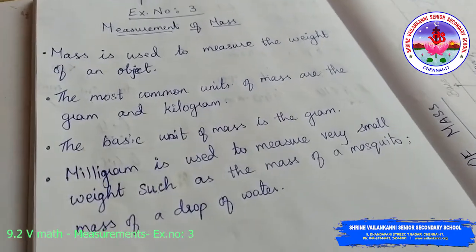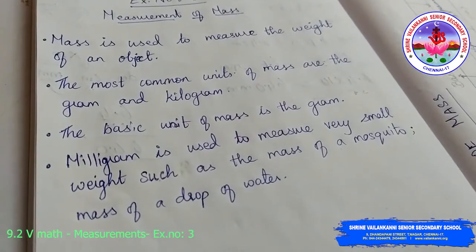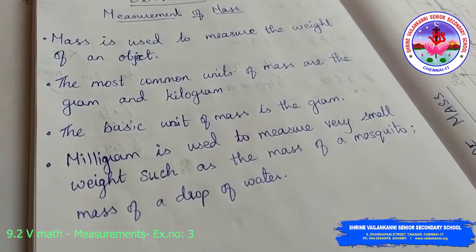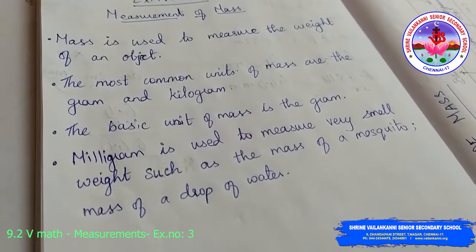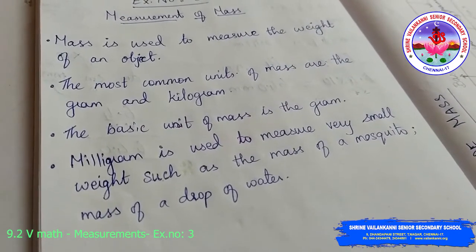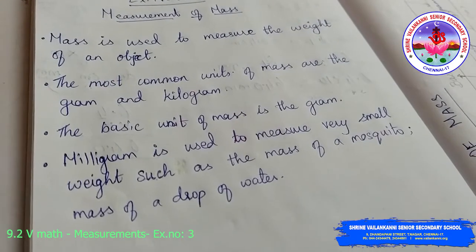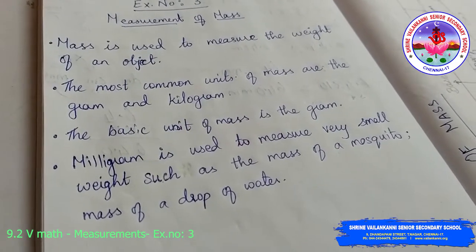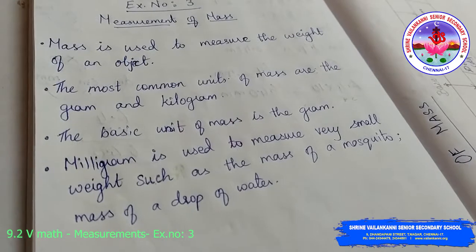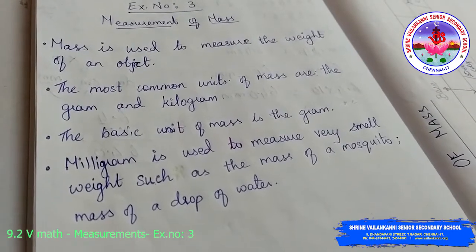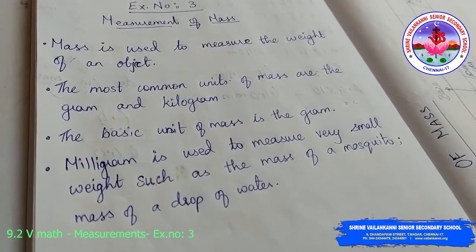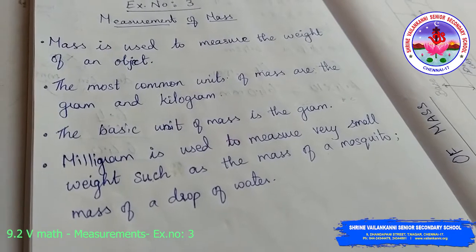Here the milligram is used to measure very small weights such as the mass of a mosquito or the mass of a drop of water. So these kinds of very small things will be measured in milligrams.